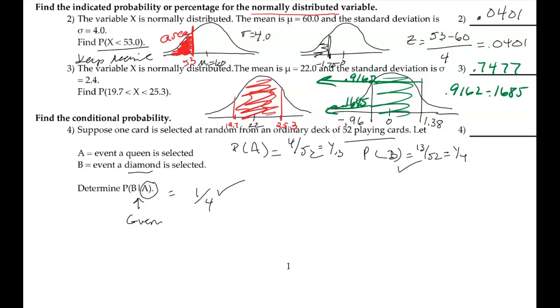And in this case, because the probability with the condition is the same without it, we would say that event B is actually independent of event A. If those probabilities were not the same, then event B would be dependent on event A. Okay? But in this case, it is 1/4, which of course we write probabilities as decimals, 0.25.